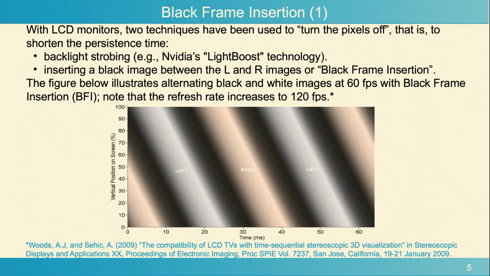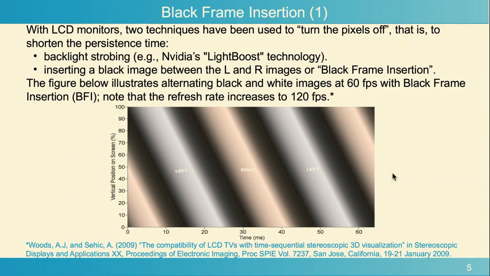This has been done on LCD screens, but it's rather difficult. There was a boom when people were trying to do this and sell time sequential on LCDs, and in particular, NVIDIA was influential and created a light boost technology. This is basically strobing the backlight.